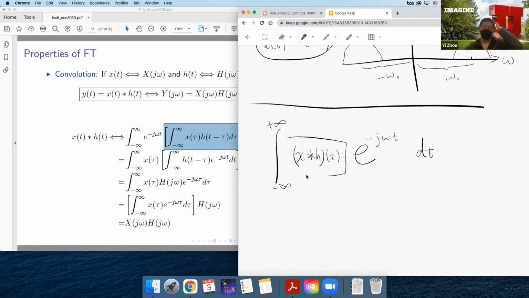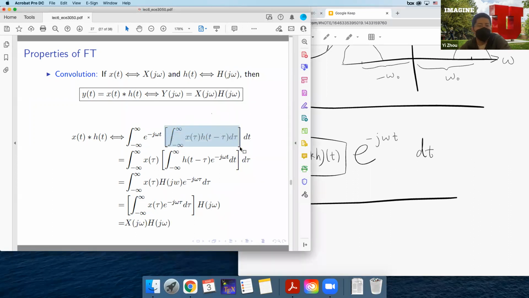If you treat this as one single signal, a certain signal defined in terms of convolution, then this is the Fourier transform of this signal. This is simply the definition of Fourier transform. But then we know that the convolution is mathematically defined in this way. So this big bracket corresponds to the convolution.